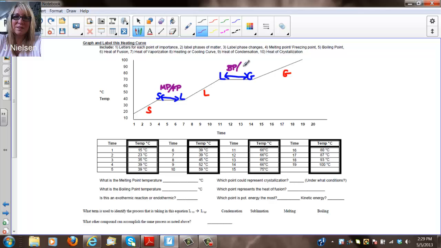Actually, it's also the condensation point if we're going downhill. Heat of fusion. So heat of fusion is here. I'm going to label that 6. Heat of vaporization happens here. This is a heating curve, as we just said. So it's endothermic.